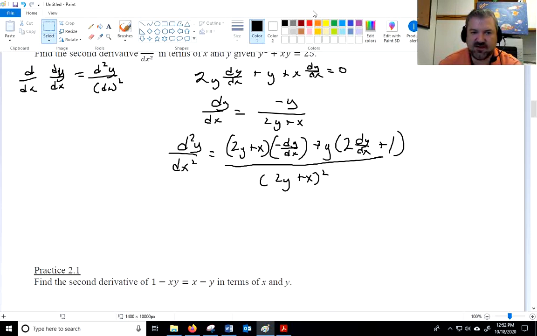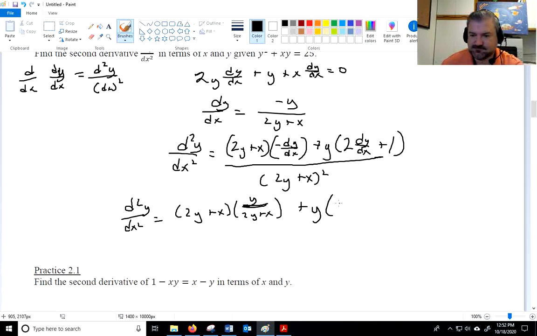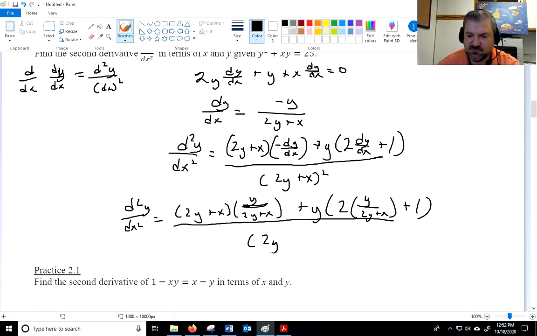So we're going to say it is that d2y dx squared is 2y plus x times a negative dy dx. So instead of actually being a positive y over 2y plus x. Then that one becomes a y plus 2x plus 1 all over 2y plus x squared.